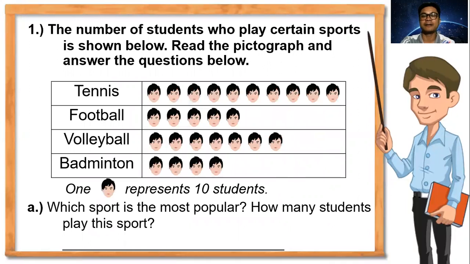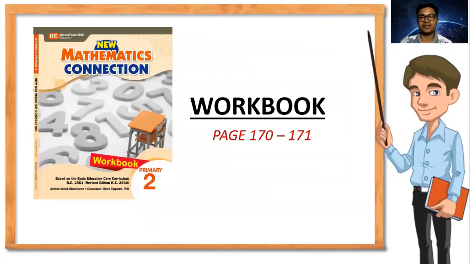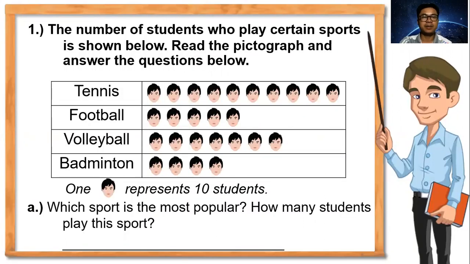Okay, number one, page 170. The number of students who play certain sports is shown below. Read the pictograph and answer the questions below. We have here the sports: tennis, football, volleyball, and badminton.